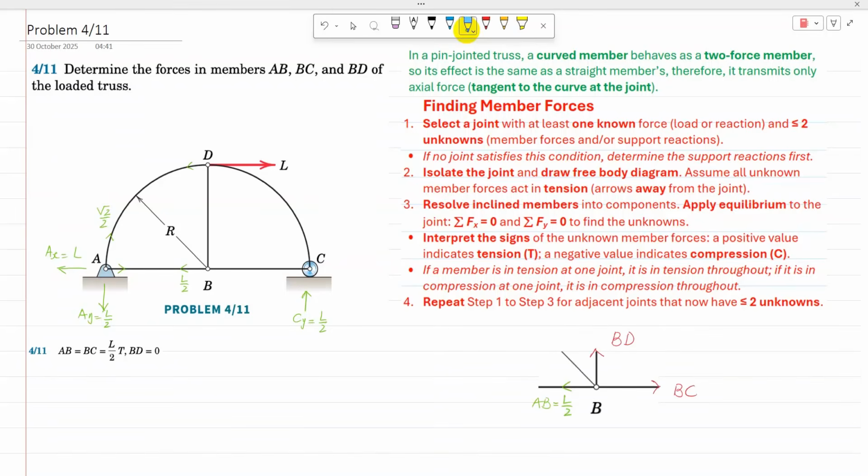So AB is L over 2 in tension, and the unknown member forces BD and BC I have assumed both in tension. Then I can resolve inclined members. There is no inclined member. Then I can apply conditions of equilibrium to find the unknowns.